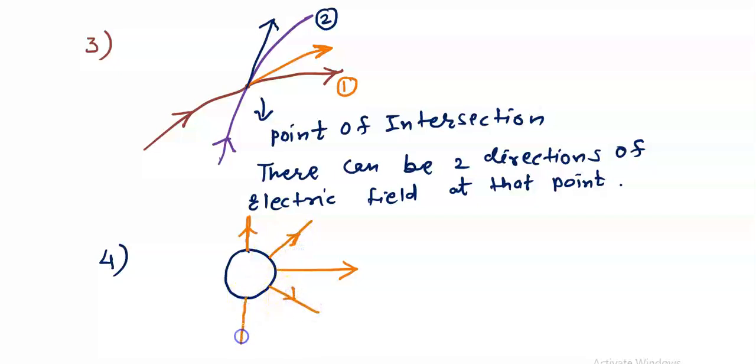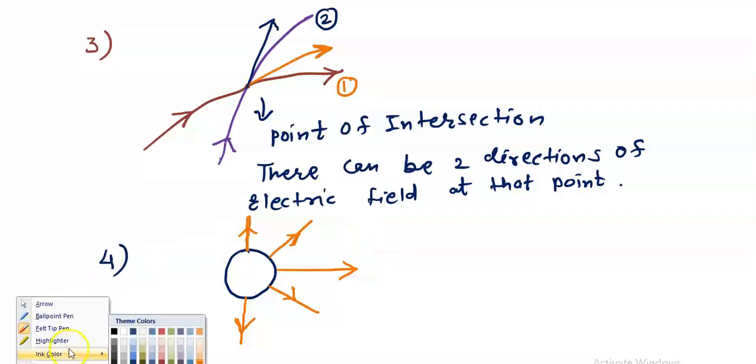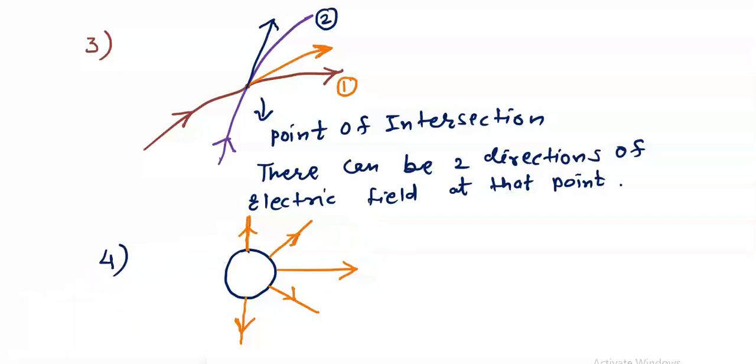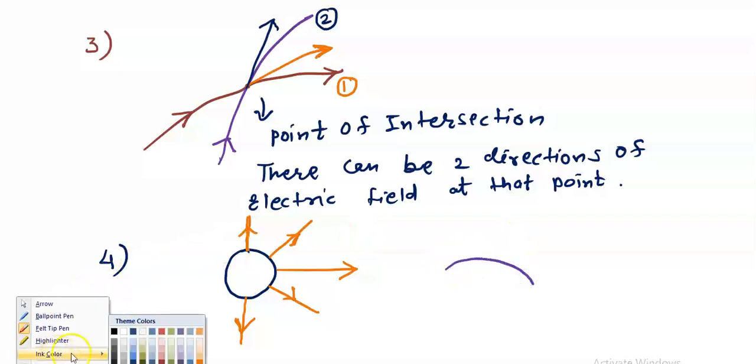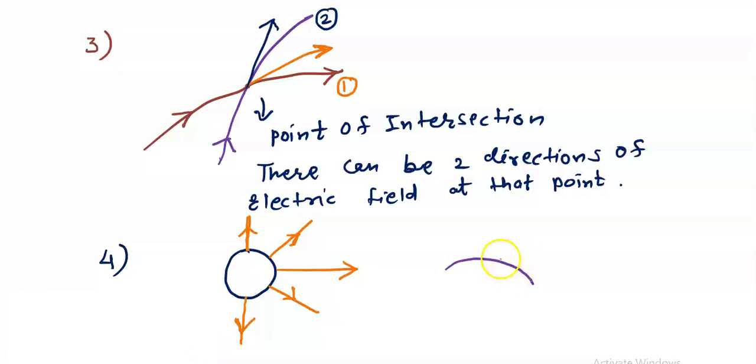Now what may be the reason behind this? The reason is also very interesting. Imagine that they are not normal. Suppose we have taken a particular part of the conductor and we are assuming that the electric field here is not normal.